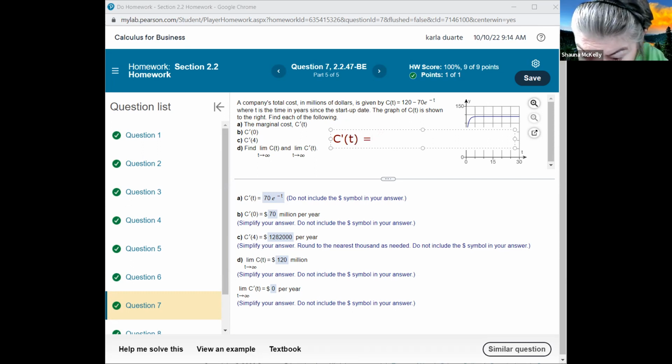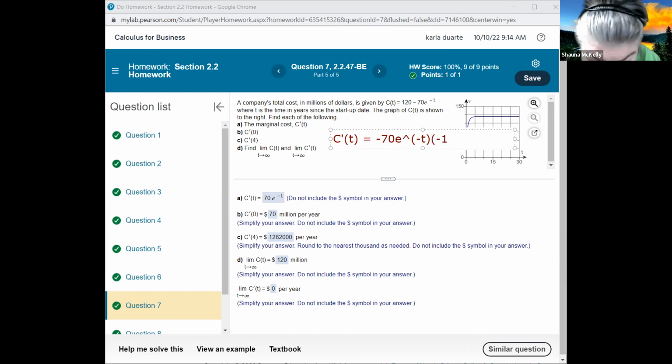I'm going to have negative 70, and then the derivative of e to the negative t power. Well, e is its own derivative, so I'm going to have e to the negative t power. But then by the chain rule, I have to differentiate the exponent. So the derivative of negative t with respect to t then is negative 1.